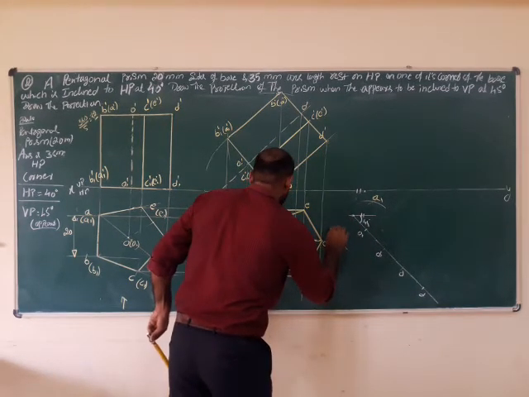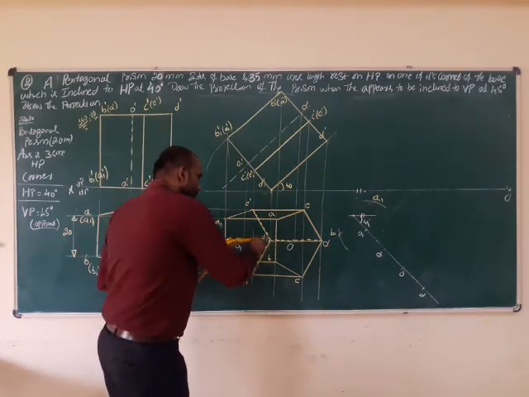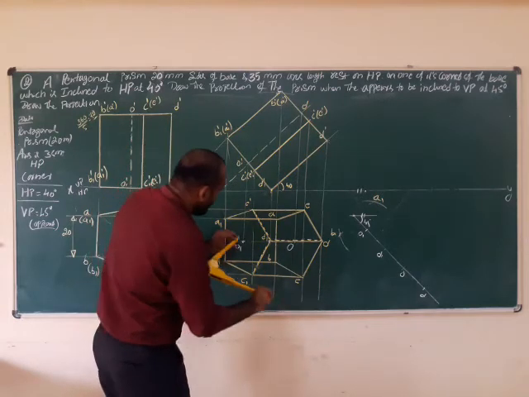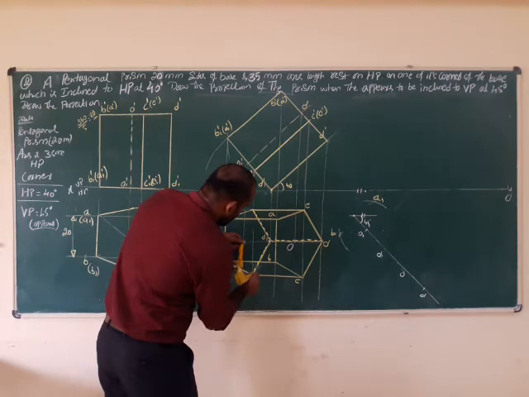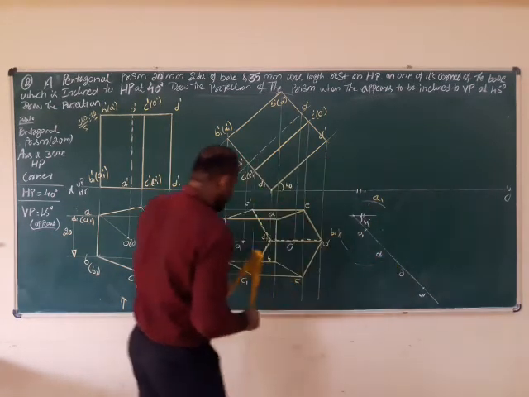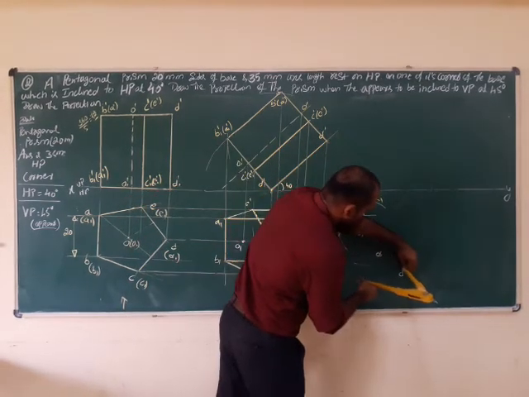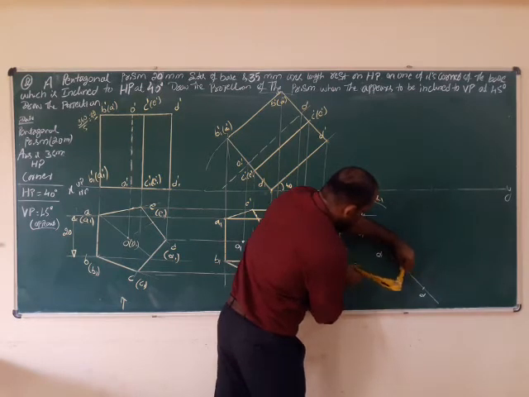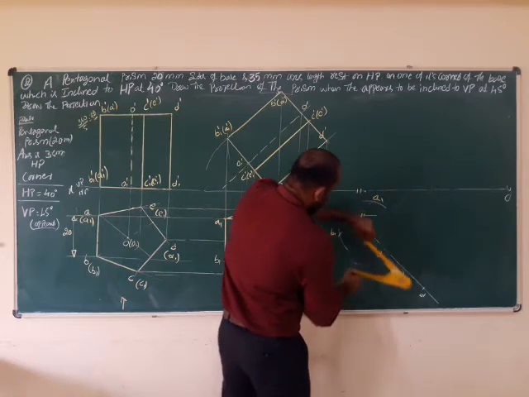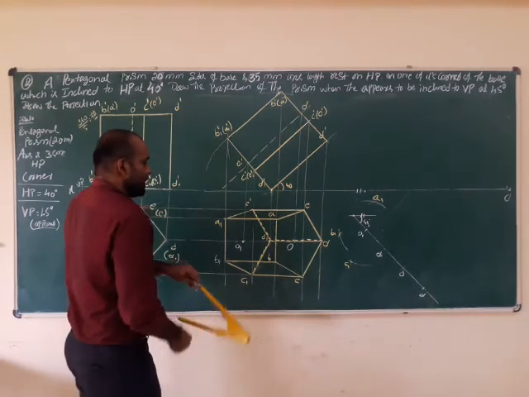That point is called B1. Next, O1 to C1, O1 to C1. Next, O to C1. That point is C1.